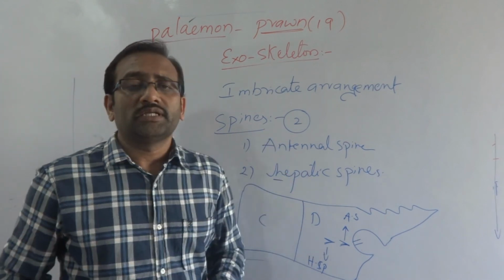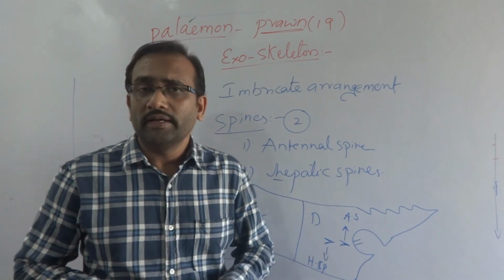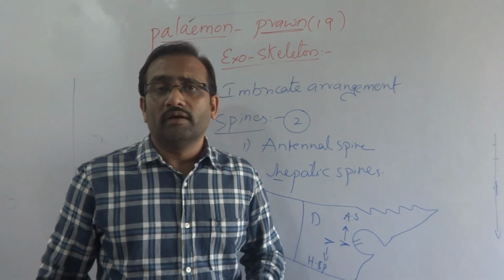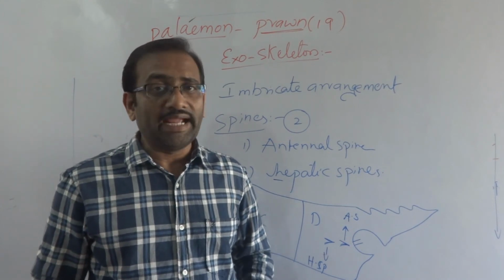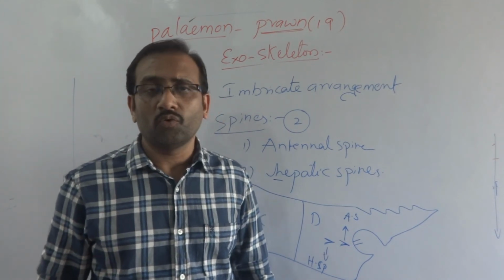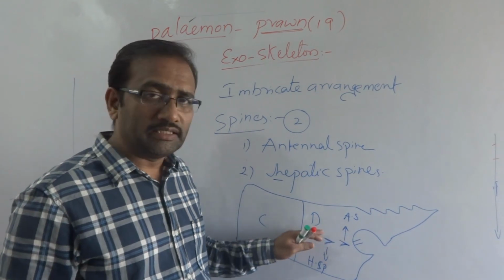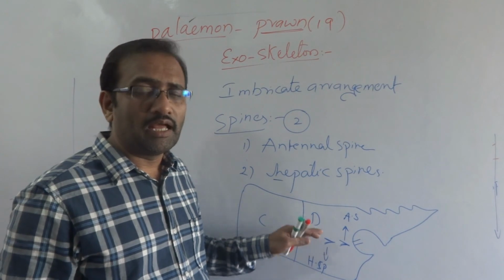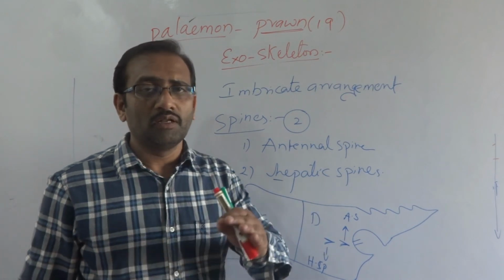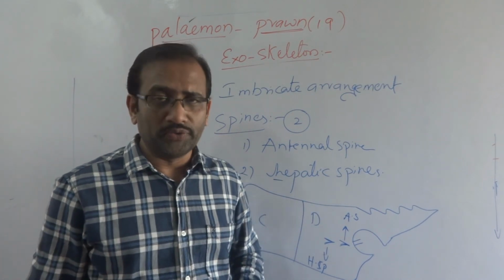The exoskeleton of the Palaemon is made up of chitinous cuticle. The total body, the head region called the cephalothorax and the abdominal region, is totally covered by cuticle.